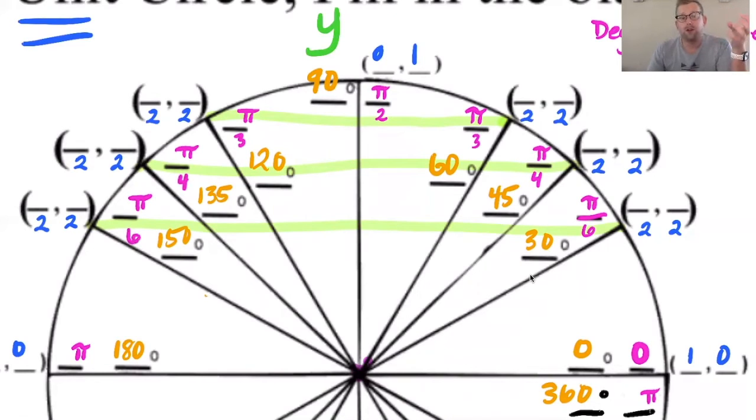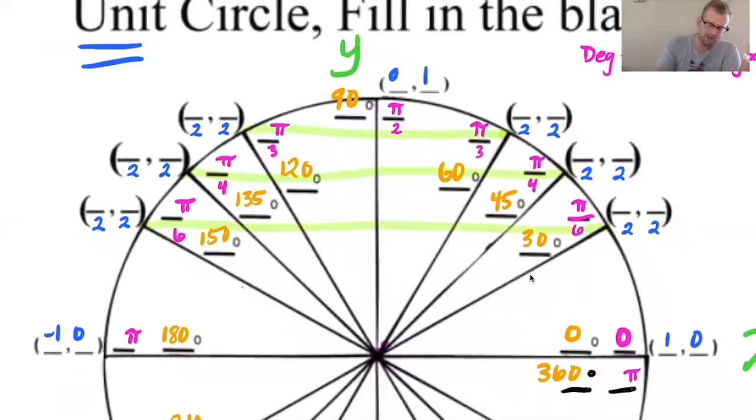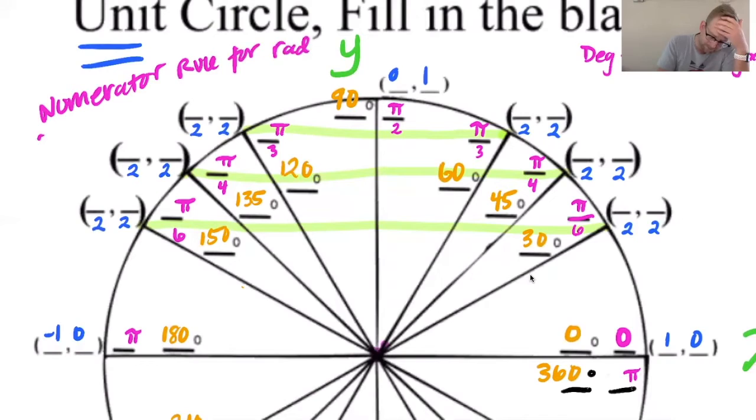Now the numerator rule for radians in quadrant 2 is 1 less than the denominator.